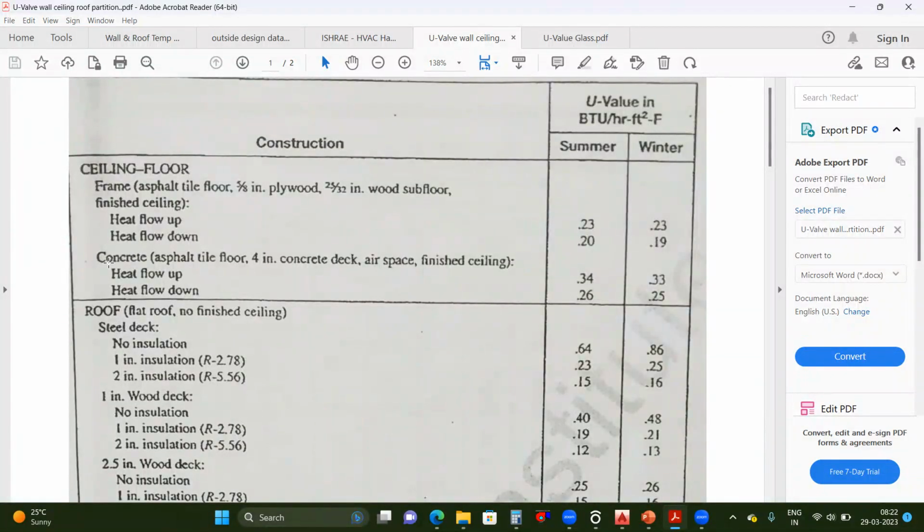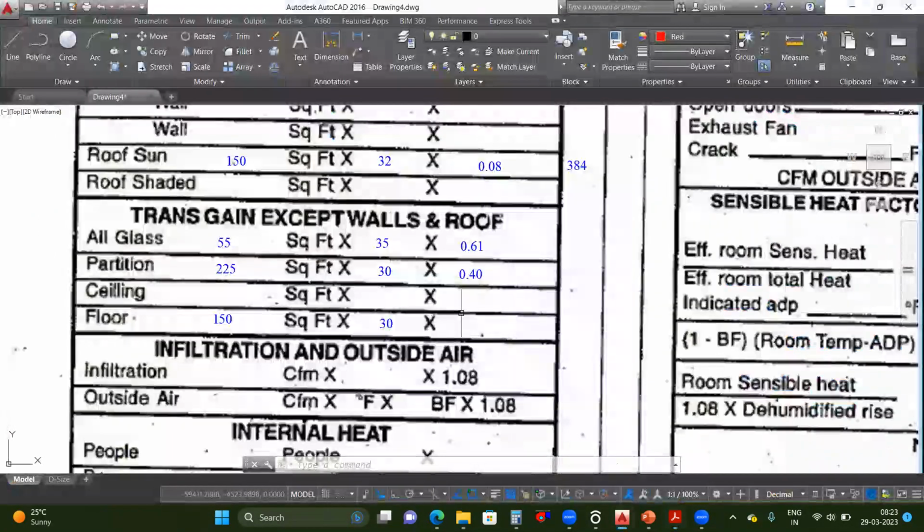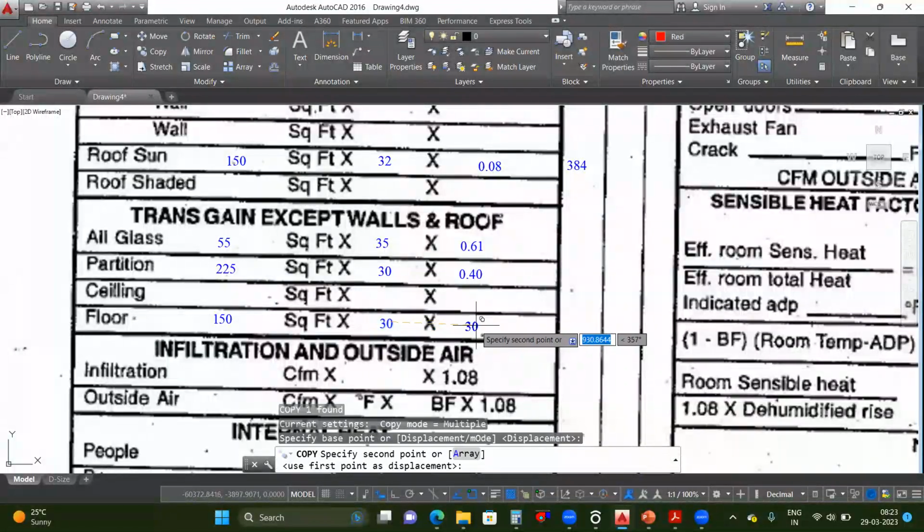I will take the concrete value. Here also we have heat flow up or heat flow down. From the floor means heat is flowing from top to bottom, so we need to take heat flow up. The summer value is 0.34, so we will take the value as 0.34.